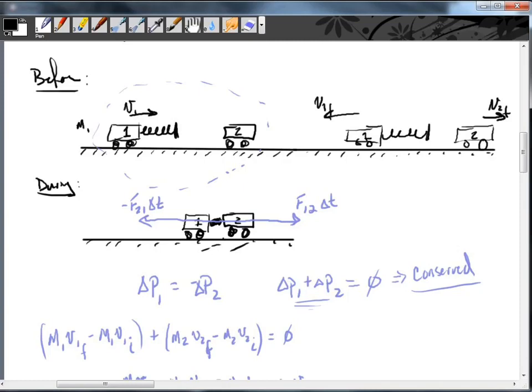All of a sudden, this 2, the second cart here, has momentum, right? Therefore, it has a change in momentum, and it has acquired an impulse to make it move. That impulse is going to be equal to the amount of momentum that the other cart lost. It's a conserved value.